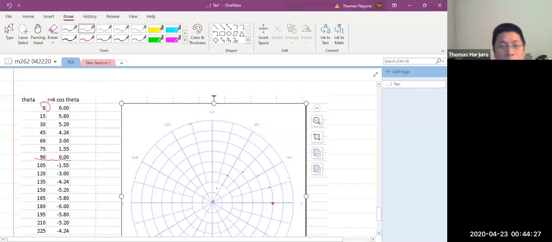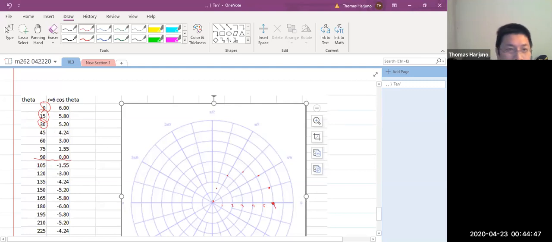So I plot them now. 0 degrees is here. 15 degrees, 5.8 is here. 30 degrees, 5.2 is here. This is 1, 2, 3, 4, 5, 6.